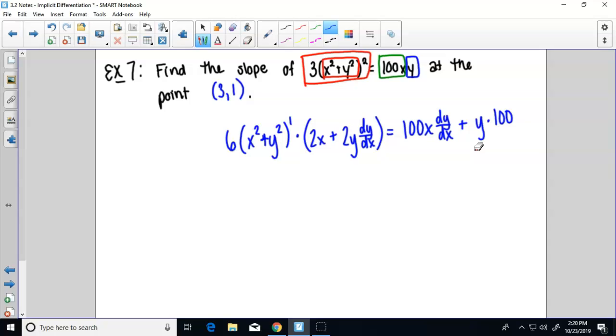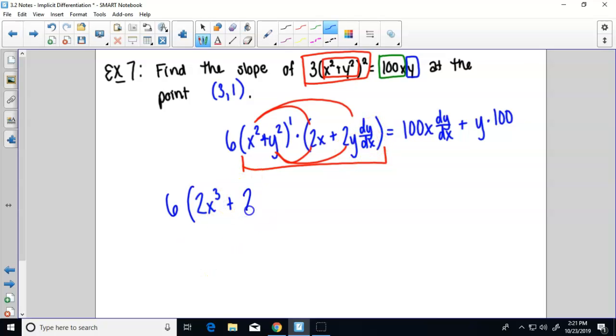On the left-hand side, we have 6 times a binomial times a binomial. So we're going to have to multiply these two binomials together, and to do that, you're going to have to distribute. So it's going to end up being a little bit long. You'll have 6 times x squared times 2x, which gives us 2x to the third. x squared times 2y dy/dx is going to be 2x squared y dy/dx.